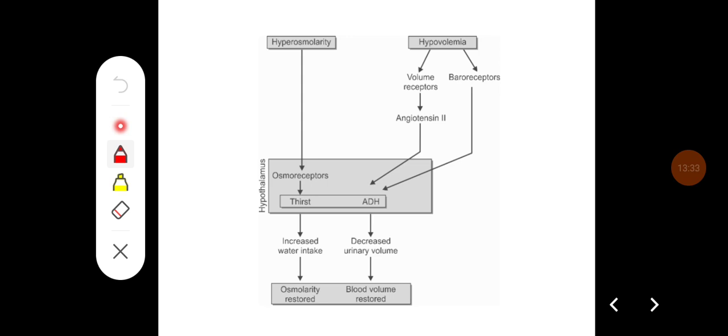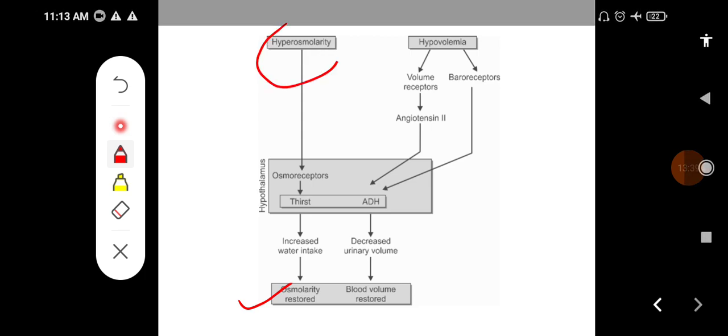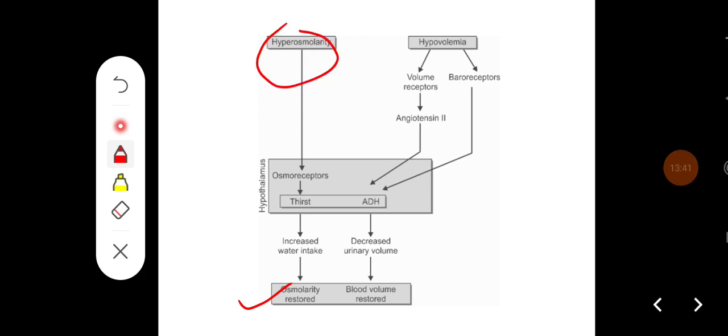This diagram shows how the water intake is regulated. So whenever there is an increase in the osmolarity, the osmoreceptors in the hypothalamus are stimulated, which produce thirst, and also increase the release of ADH from the posterior pituitary, which increases water intake and decreases the urine volume respectively, and hence osmolarity and blood volume are restored.